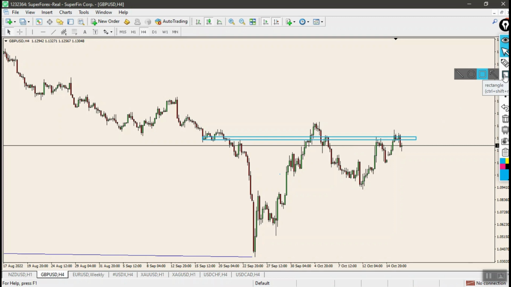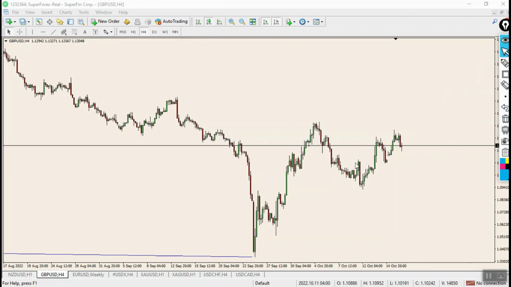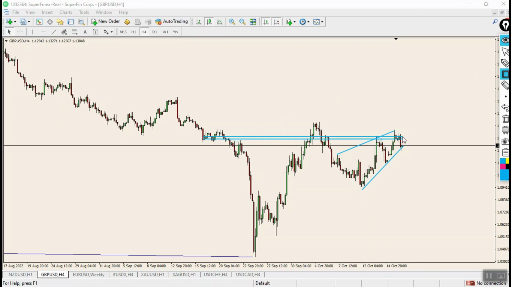And if you look at the correction, it is a pattern in and of itself. If you just look at it from this perspective, it's a continuation pattern in and of itself. So not only do we have a zone as we identified it, but on top of that we have a correction, which is a reversal pattern with a first touch, a second touch, and a third touch. So let's go on the lower time frame for further clarity of what we're talking about here.